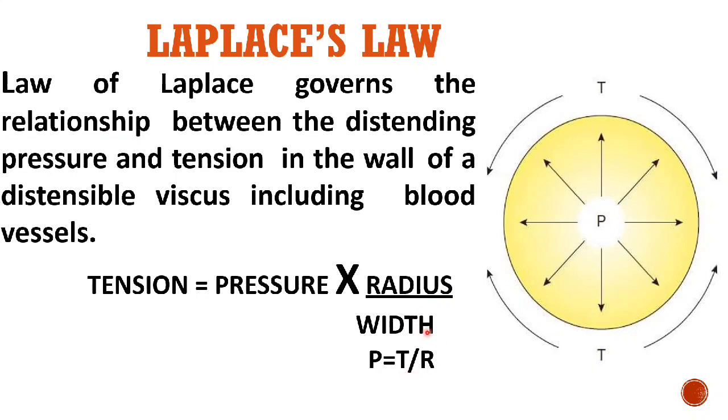Simply, you can frame it as P is equal to T by R. So if you take a hollow, distensible viscus, the relationship between the distending pressure and the tension in the wall is given as P is equal to T by R.